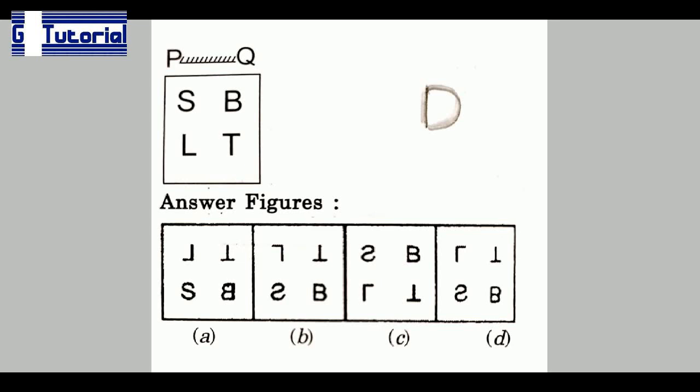So, consider letter L. The vertical portion will remain the vertical portion itself, but the horizontal portion that is facing down will be inverted. T is also inverted. So, option D is the correct answer.